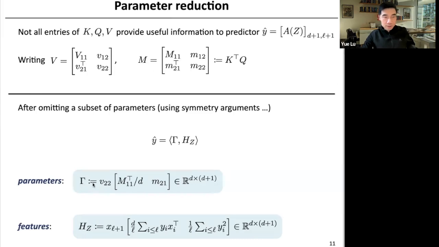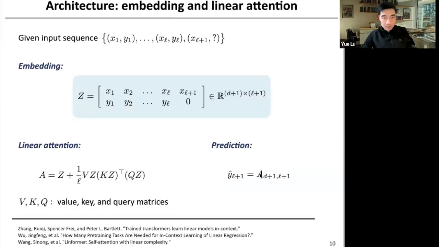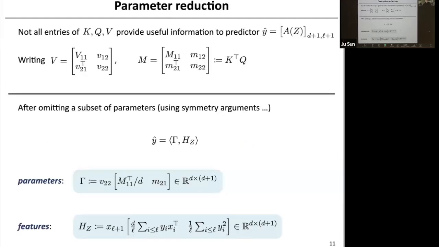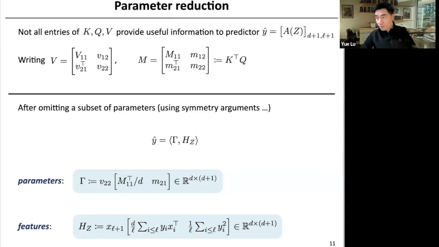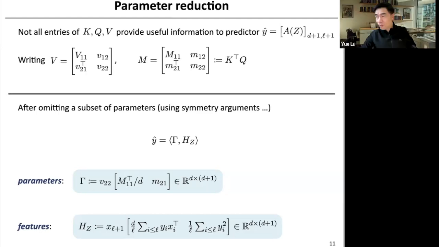It still depends on V and M in a quadratic way, but we have combined M and V into a single matrix gamma. So this y hat is not exactly the same as the y hat here. It's an approximation, but there are some arguments for why this is a good approximation. Empirically, it's a pretty good approximation, and it is just to make the problem tractable.